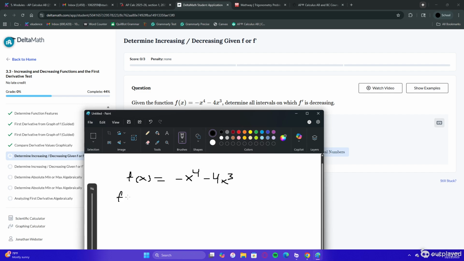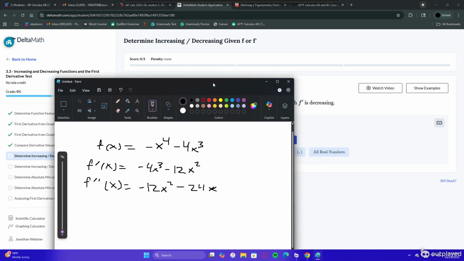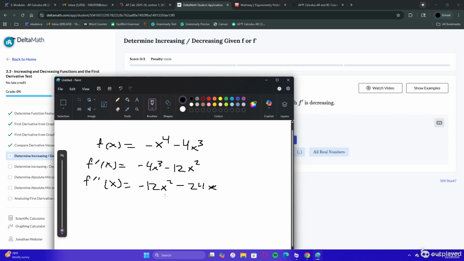So we have to find f double prime. First doing f prime, you get negative 4x to the third minus 12x to the second. And then doing f double prime of x, you get negative 12x squared minus 24x. Then solving that for 0, you can take out a negative 12x, so you'd be left with x plus 2.